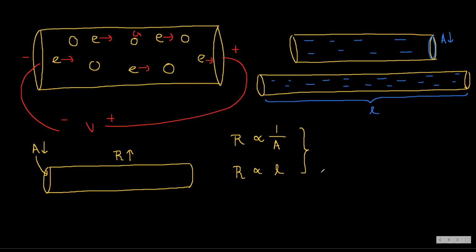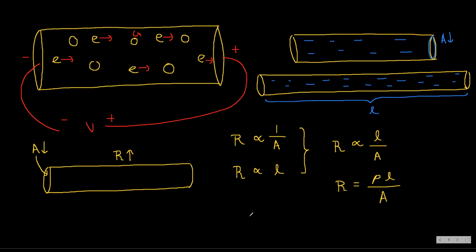From these relations, we can say resistance is proportional to L over A. Now I'm going to apply a constant to this equation. My constant is rho, which is known as the resistivity of the conductor. Resistivity depends on the material of the conductor.